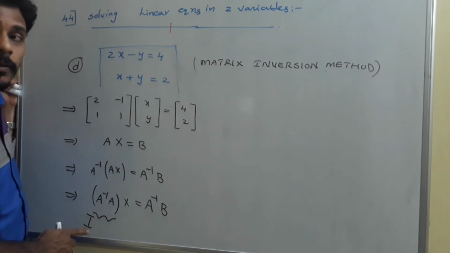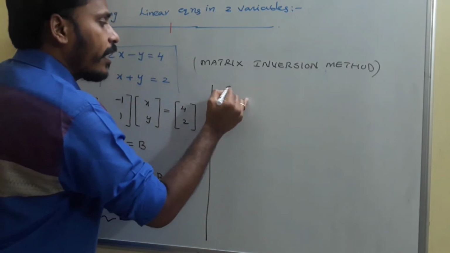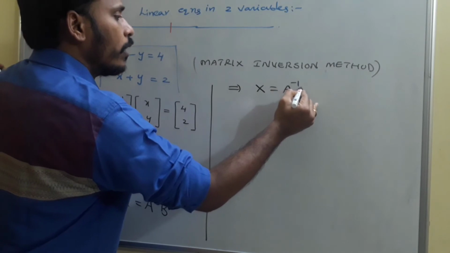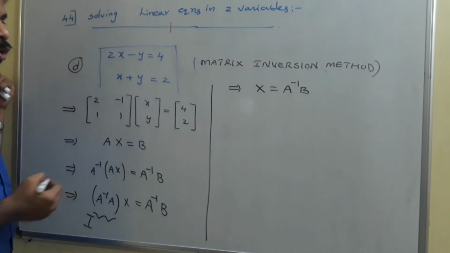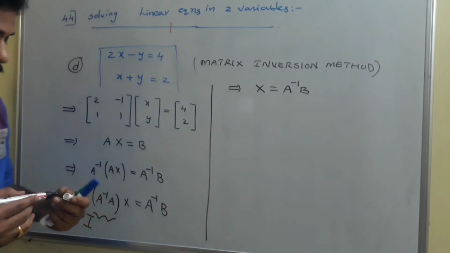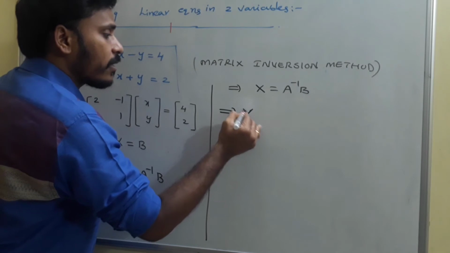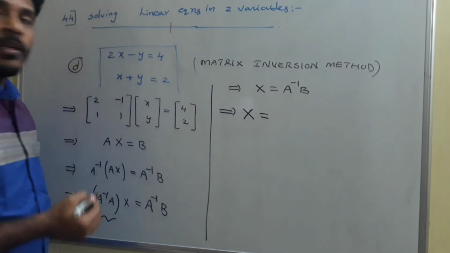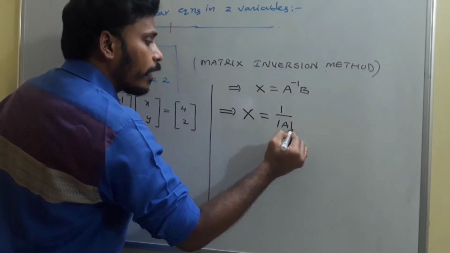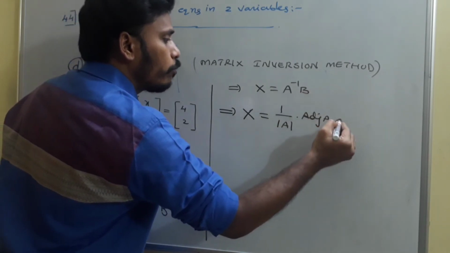Identity into X is again X. From there it is very clear that X is equal to A inverse B. So we are going to find that variable matrix X, and that X is formulated as A inverse into B, and that implies X is equal to A inverse. We have a rule for the A inverse as 1 by determinant of A into adjoint of A, and now into B.